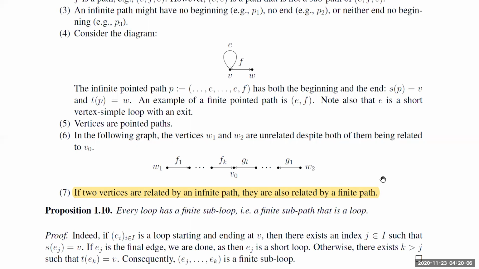So we can just terminate this path going to minus infinity at the end, and we can do the same on the right hand side if our path escapes to plus infinity. So very much like in this proposition 1.10 with loops, that every loop has a finite subloop. It's the same reasoning. If you have any path between two vertices, then there exists also a finite subpath of this path that relates these two vertices.